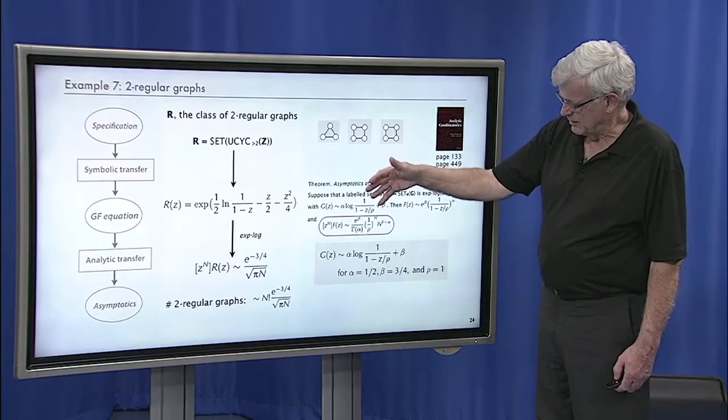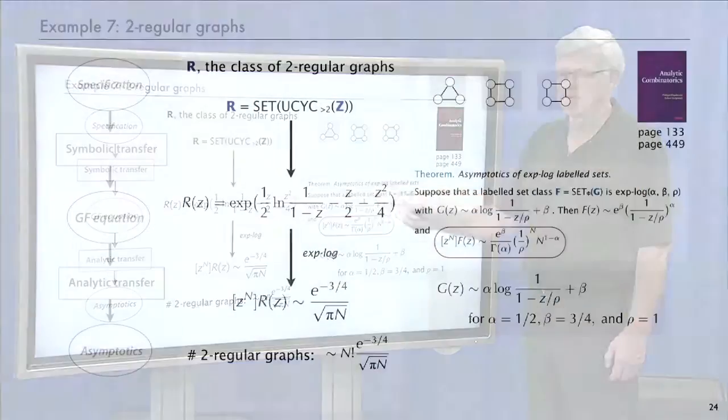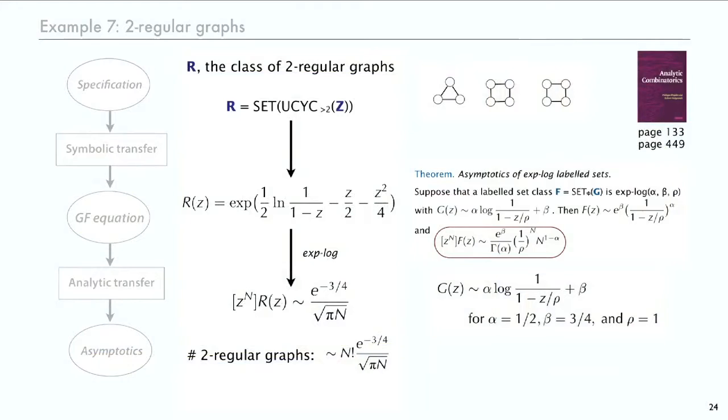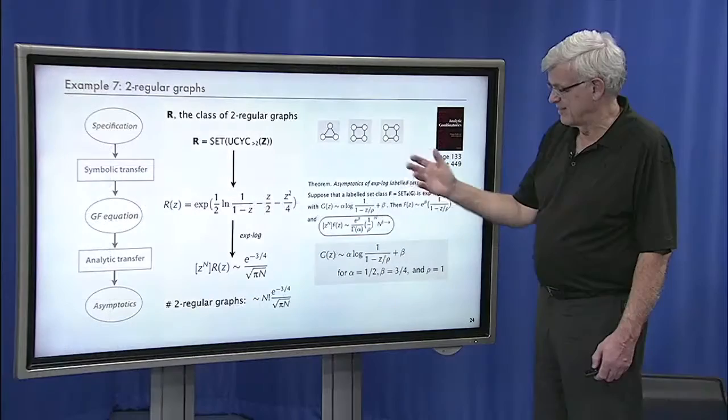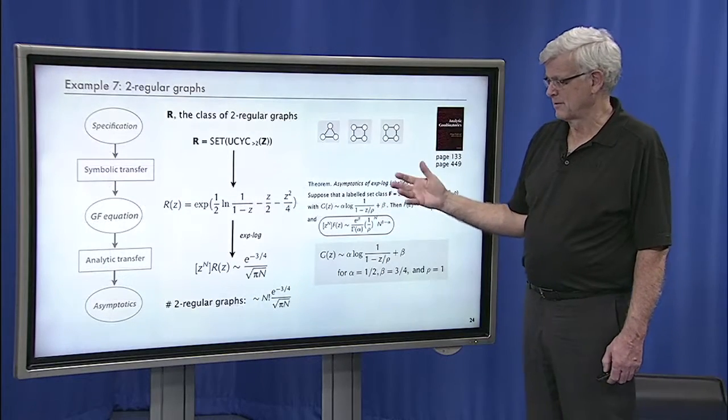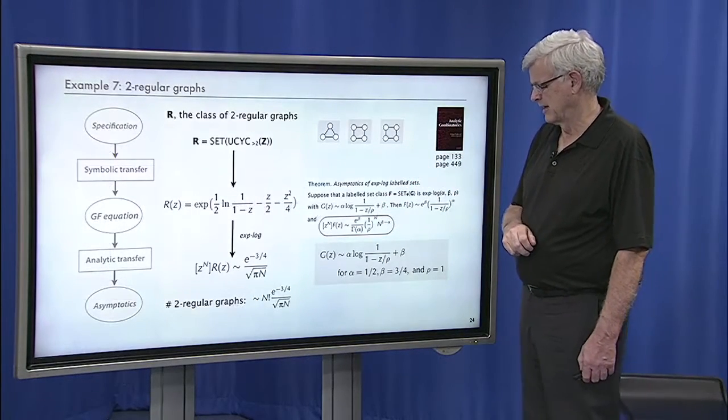And so if you want to get the number of 2-regular graphs, you multiply that by n factorial. A very general theorem when we're using the set construction, the X-log theorem, to get coefficient asymptotics. And this type of asymptotics would be quite difficult to get using normal techniques.